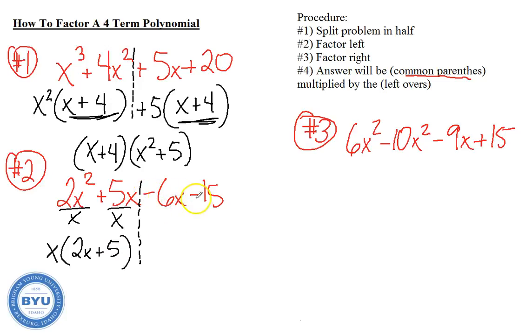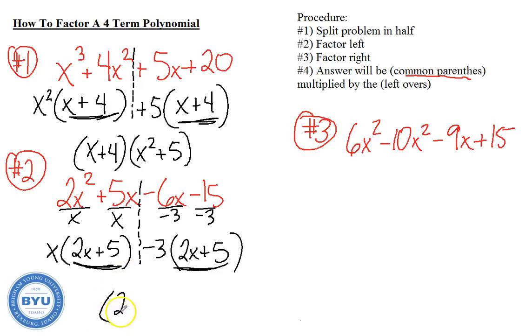Ooh, but there's a negative in each one. So I'm going to take out a negative 3. When I take out a negative 3, I'm left with 2x plus 5. Notice that I have some common parentheses here. So that goes in my answer, along with the leftovers, which would be x minus 3.